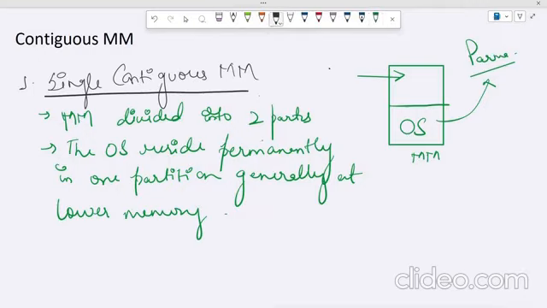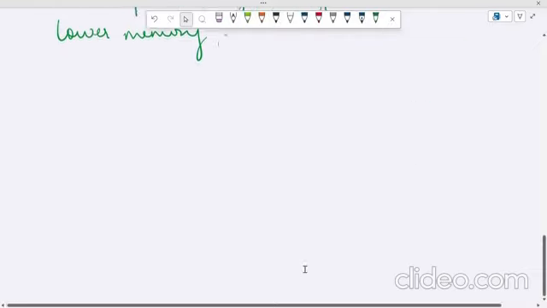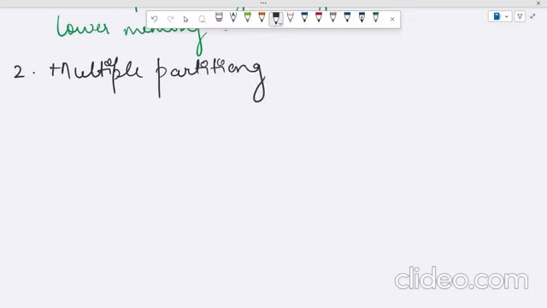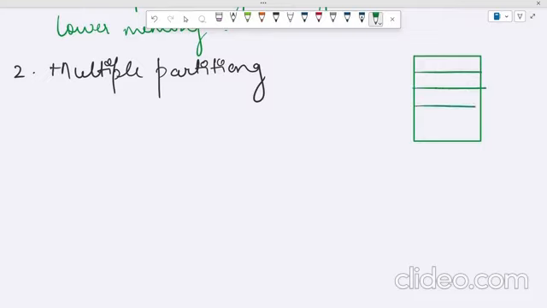Now we are moving towards the important type, which is multiple partitioning. By its name, it is clear that now the memory is divided into multiple partitions. This is a memory, and in the memory, partitions are there.